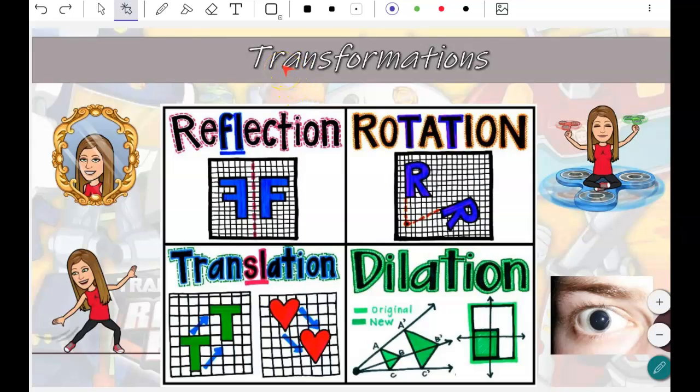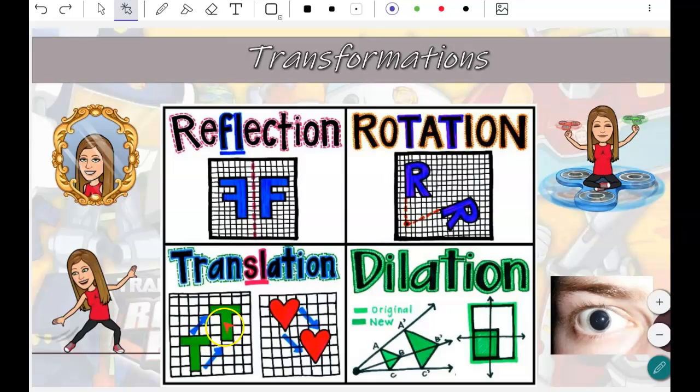So this unit 4 is transformations. And the two that we're going to focus on today will be reflections, which is like a mirror image. And it could be reflected over the y-axis, or it could be reflected over the x-axis. We'll look at both. A translation is a slide.